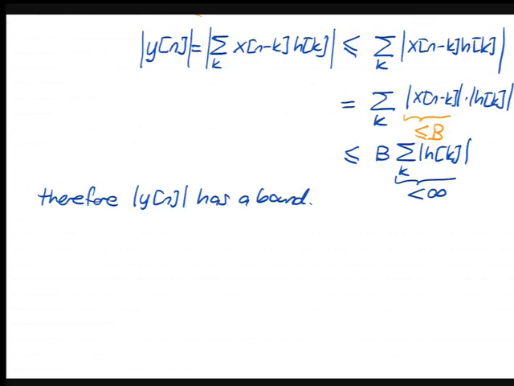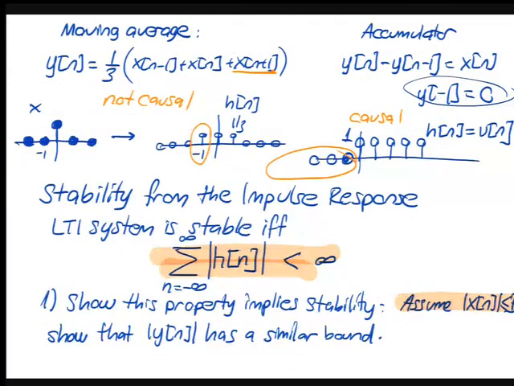This sum of the absolute value of h doesn't blow up, right? As I sum the values of h, it does not blow up. So there's a hard constant on that sum that serves as a bound. That sum will never exceed it. That's the assumption, so that's the condition here.